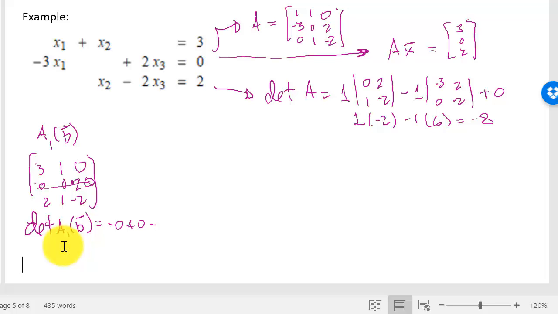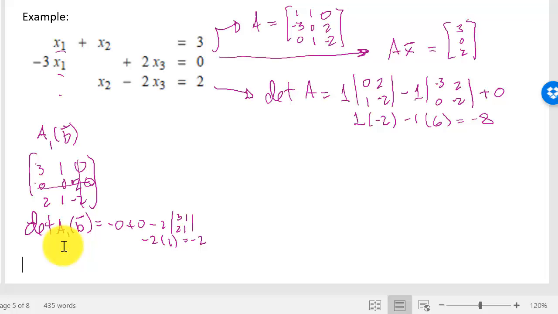So we have a 2, and then a determinant of 3, 1, 2, 1, and that is 3 minus 2, which is 1, so that's just going to be negative 2. Okay? So now that we know that, we can find the x1 value.